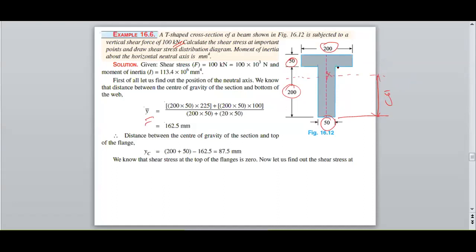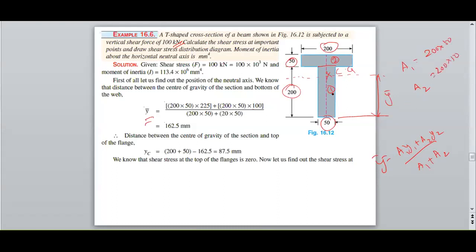I am using the same formula: y bar is equal to A1 y1 plus A2 y2 divided by A1 plus A2, since we have only two cross sections, where A1 is 200 into 50 and A2 is 200 into again 50.